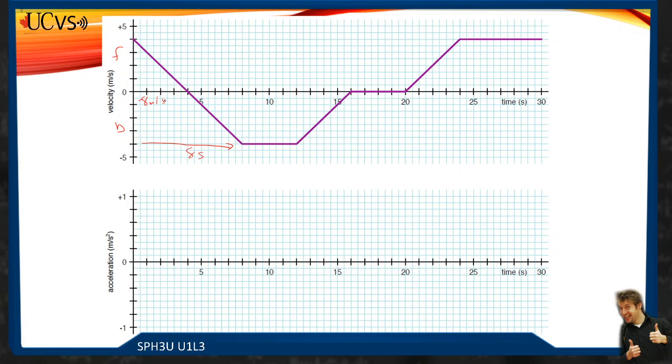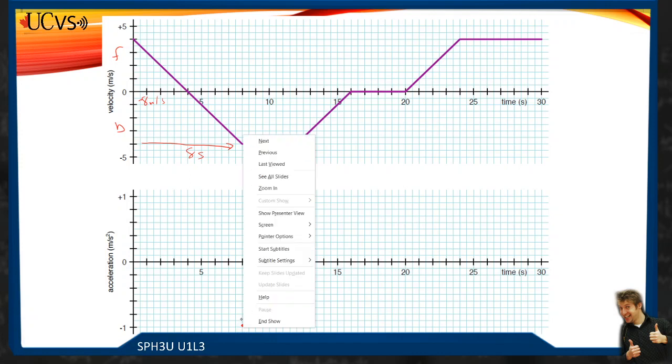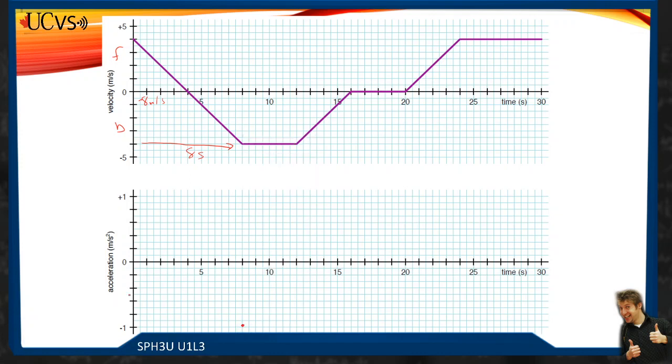Negative. So we can go over here, look at 8 seconds, and we're going to put a dot there for negative 1 meter per second squared. So this line, I can draw a line here across here, to represent that the object here has a constant acceleration of negative 1 meter per second squared.